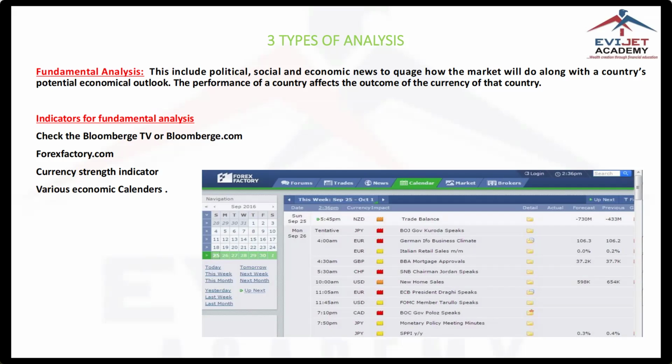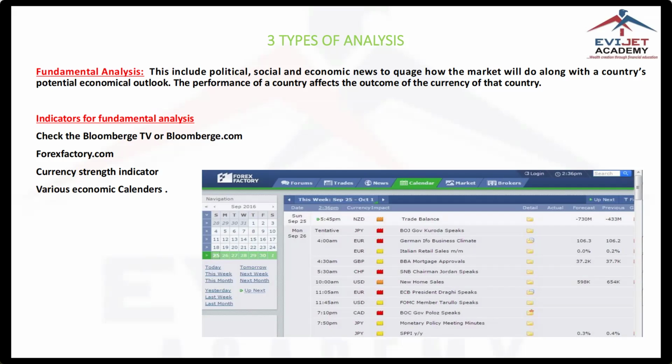So let's assume you just hear that maybe there is a bomb blast, just like when it happened in the Twin Towers, you know, that bomb blast definitely affected the economy of the United States. That time, the currency will go down. The strength of the currency will go down. So all of those things, you put them into consideration when taking a trade that is paired with that currency.